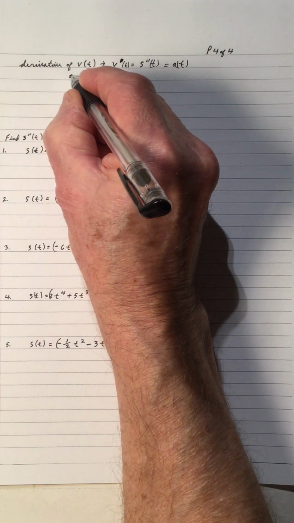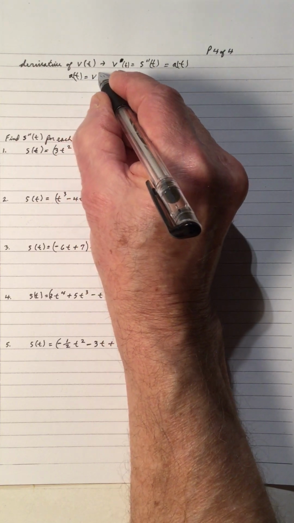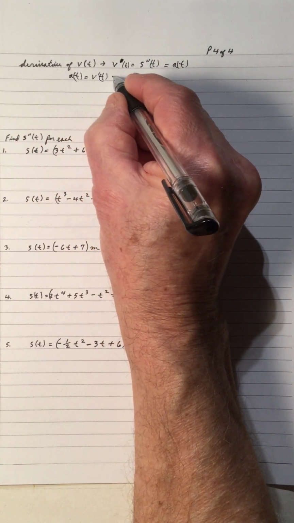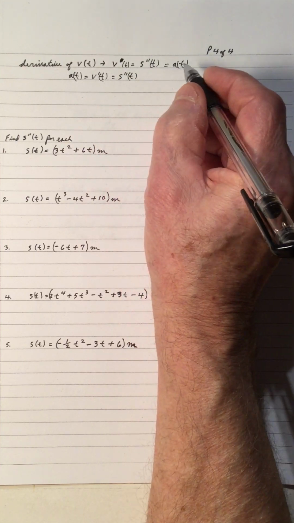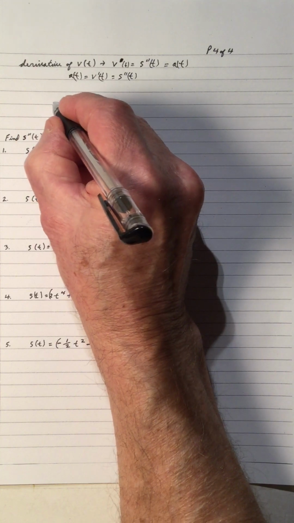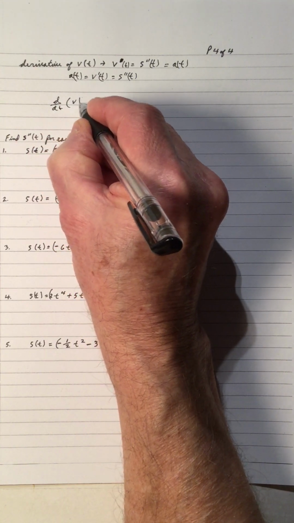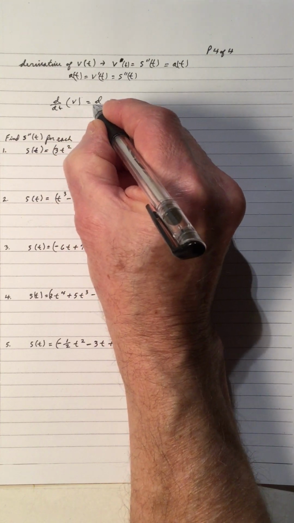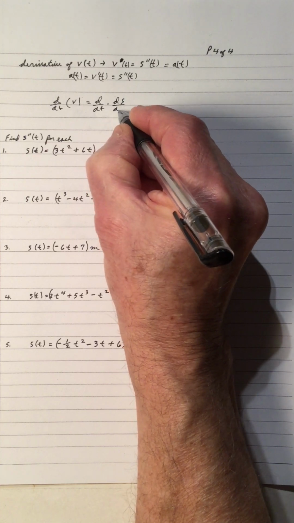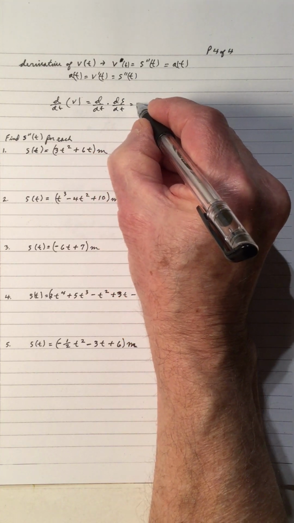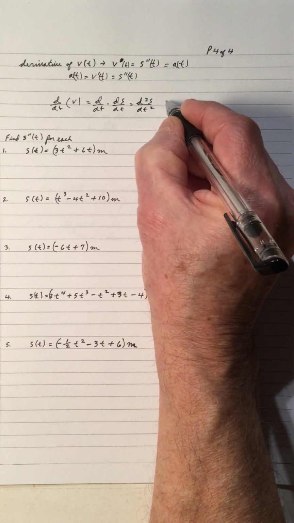So let's look at it again. The acceleration is the derivative of the velocity, or it's the double derivative of the position function. So again, d/dt of the velocity is d/dt of ds over dt, so that becomes d squared s over dt squared.